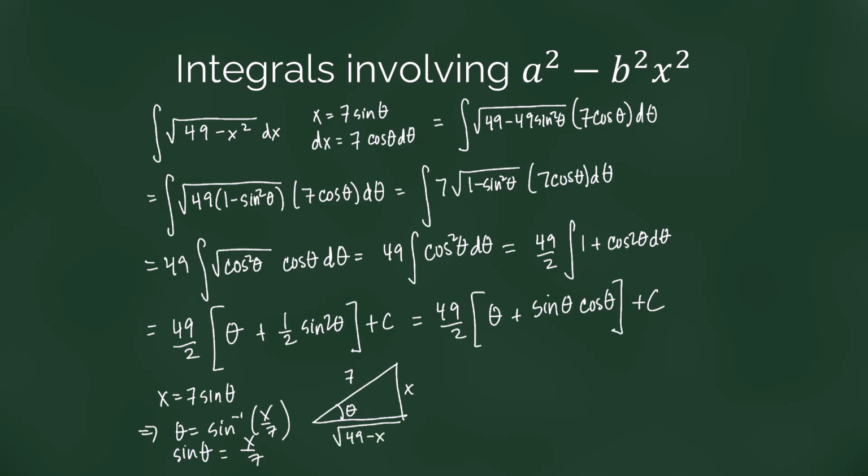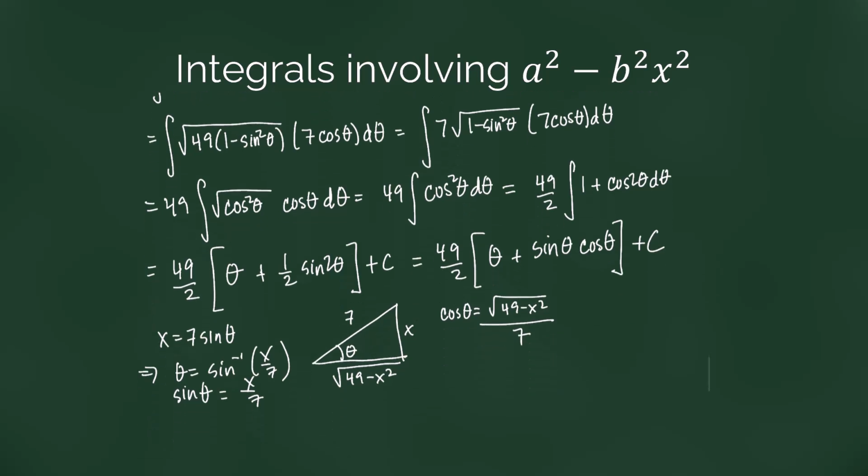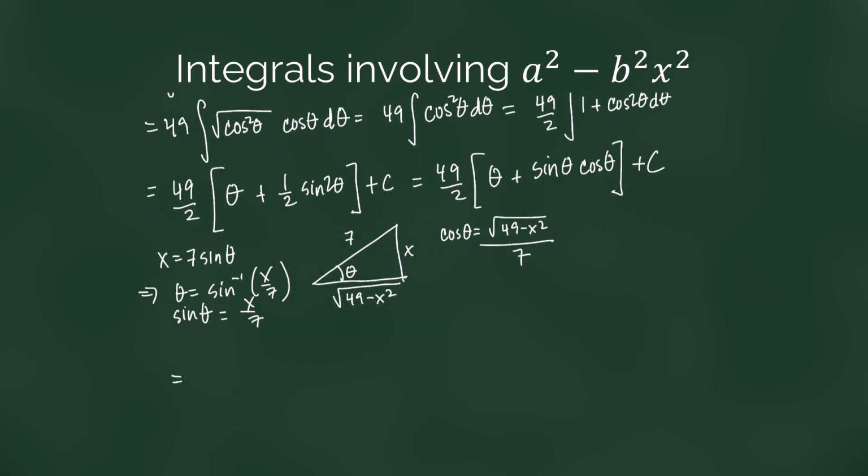So if we draw a triangle with the opposite and hypotenuse labeled as x and 7, then the adjacent side must be the square root of 49 minus x squared, which makes the cosine of theta the square root of 49 minus x squared over 7. So we can now plug all those values in, and we get 49 over 2 times the quantity inverse sine of x over 7 for theta.